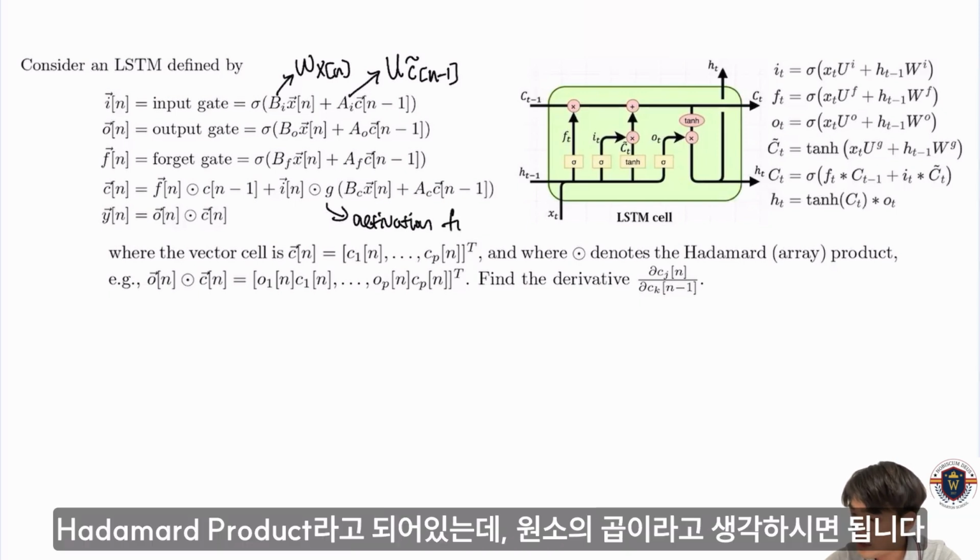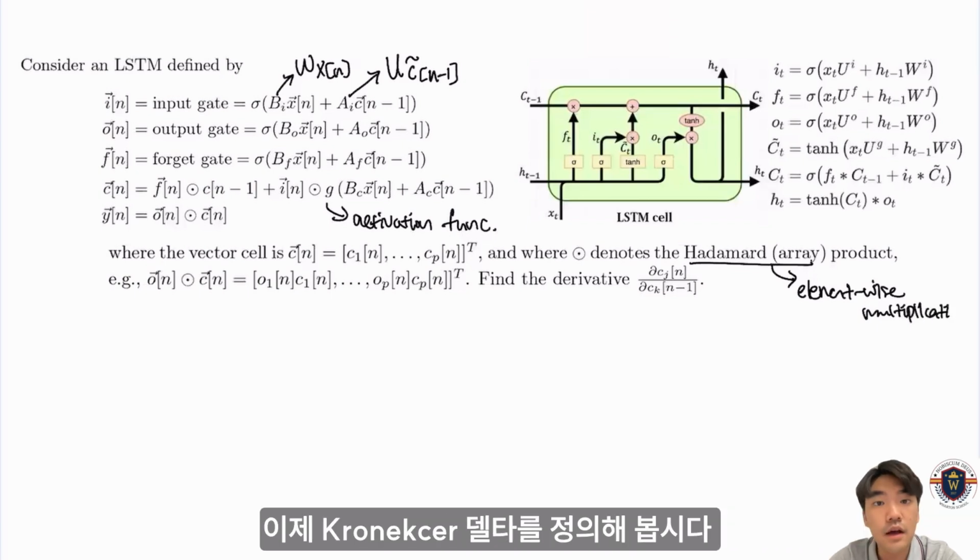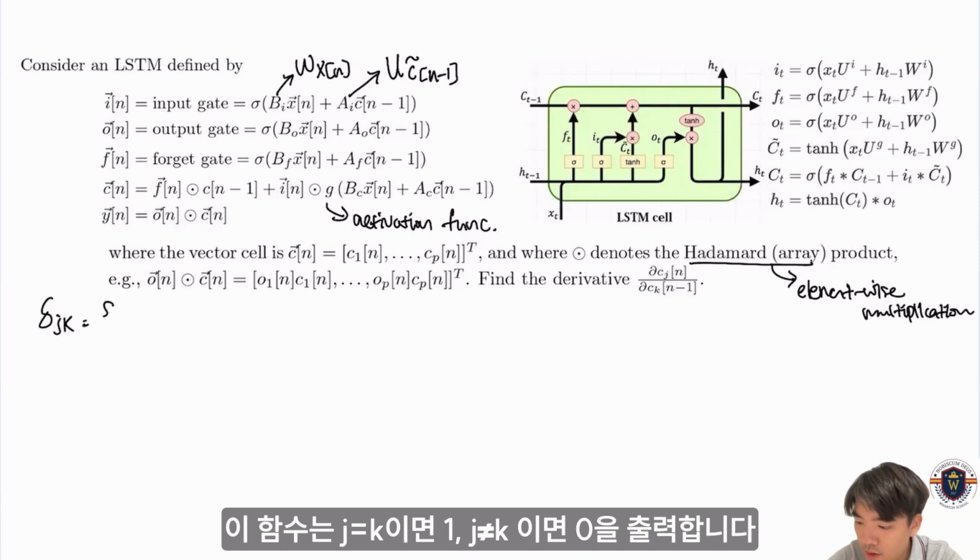And you will notice the Hadamard product; you can treat this just as element-wise multiplication. Now let's define the Kronecker delta JK, which gives us 1 if J is equal to K and 0 otherwise.